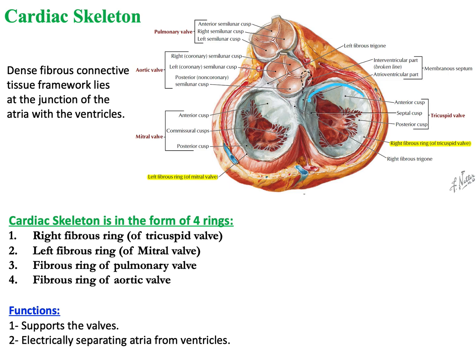We have the right fibrous ring here around the tricuspid valve, and we have the left fibrous ring around the mitral valve. And also, we have a fibrous ring for the pulmonary artery with a trigone here and also a trigone here, and for the aortic valve and pulmonary valve.